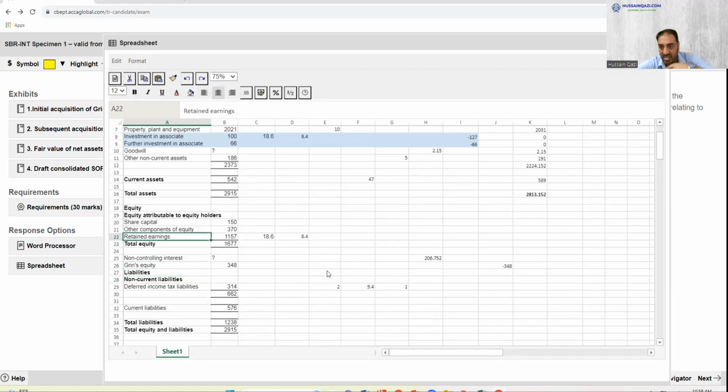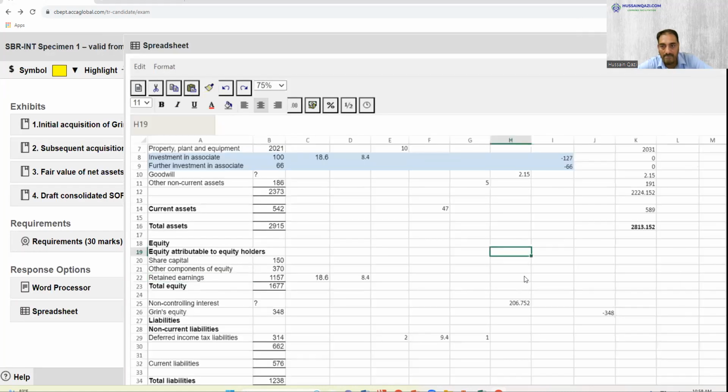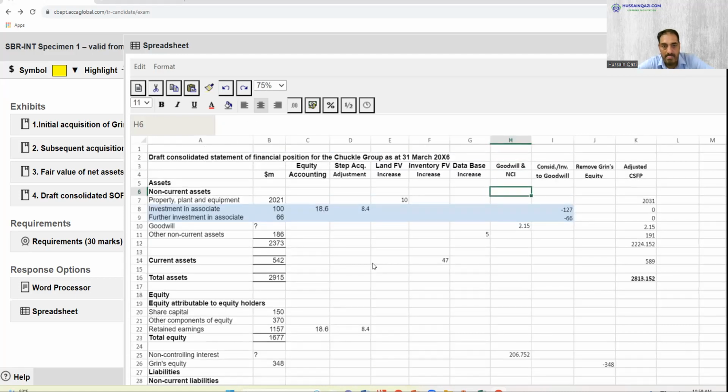Now working with equity and others. Apologies for this. Final point. Copy for share capital, paste, 1184.